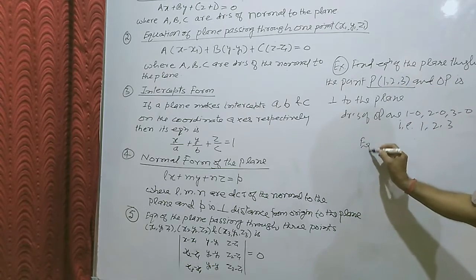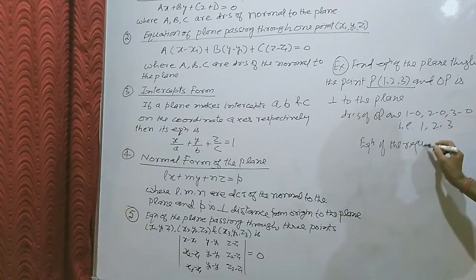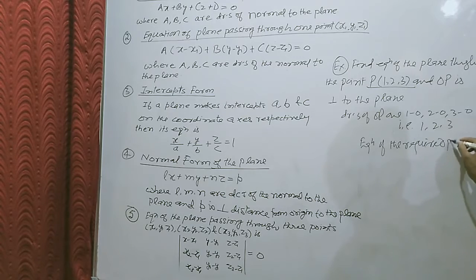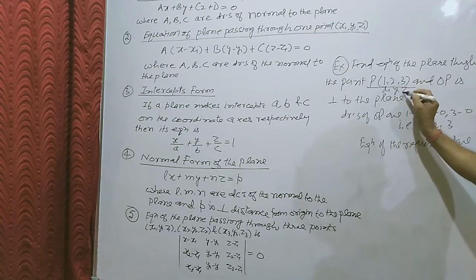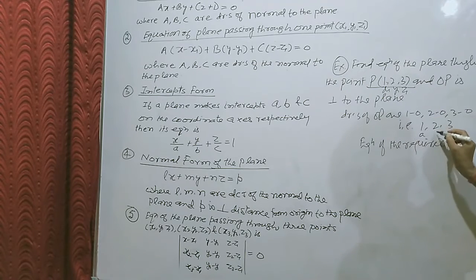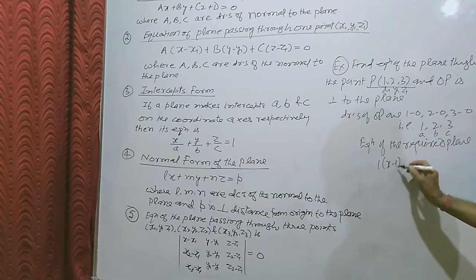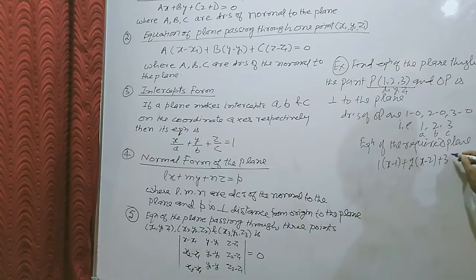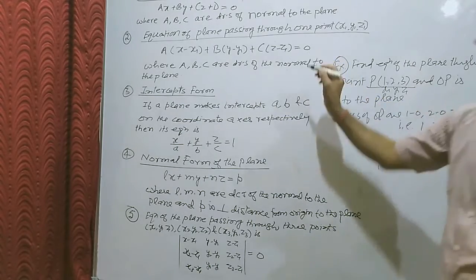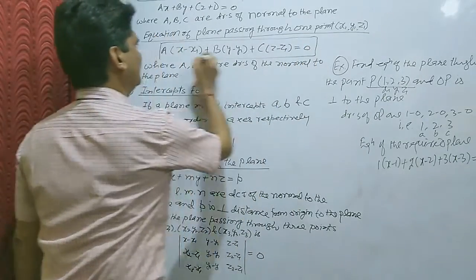So the equation of the required plane: taking the point as x1, y1, z1, and these as a, b, c. So 1 into x minus 1 plus 2 into y minus 2 plus 3 into z minus 3 equal to 0, according to the equation of a plane passing through one point.